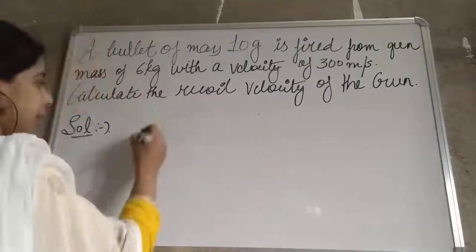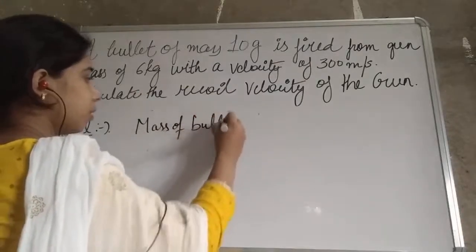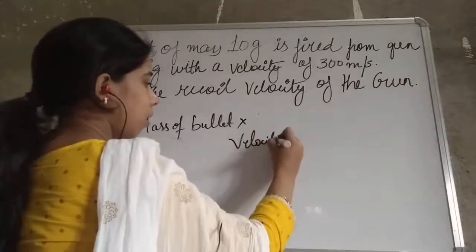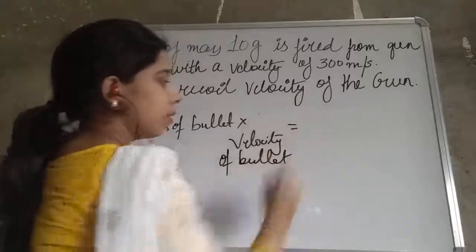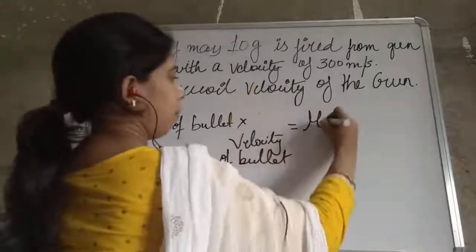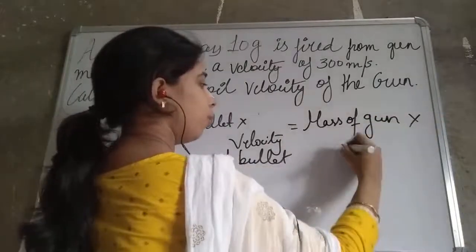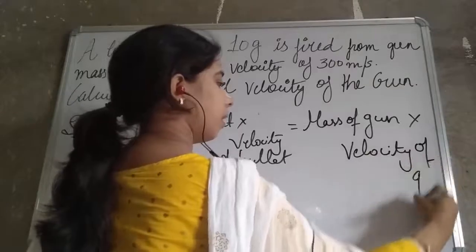So we can say that the mass of the bullet into the velocity of the bullet is equal to the mass of the gun into the velocity of the gun.